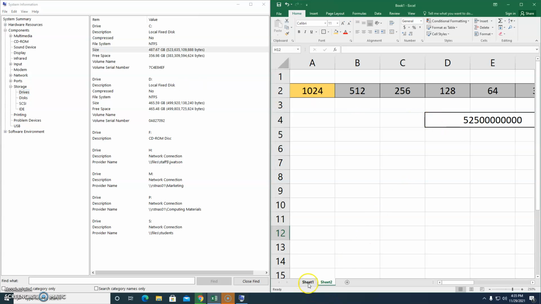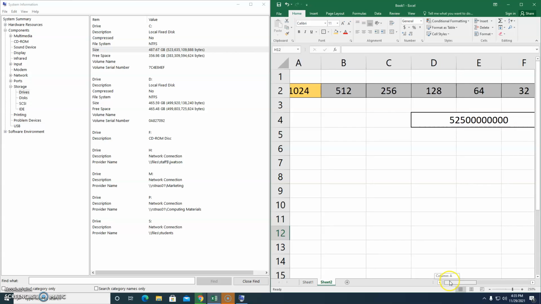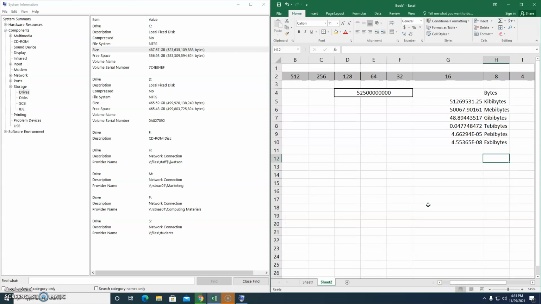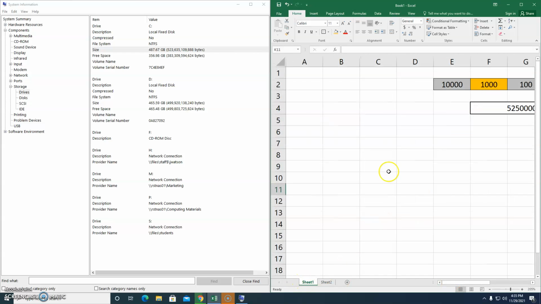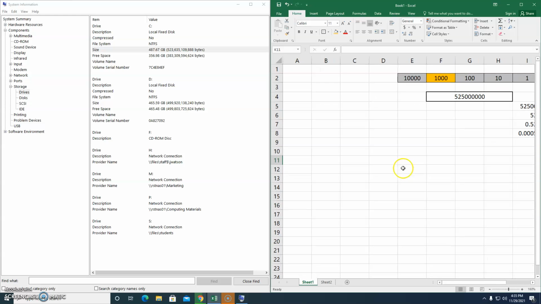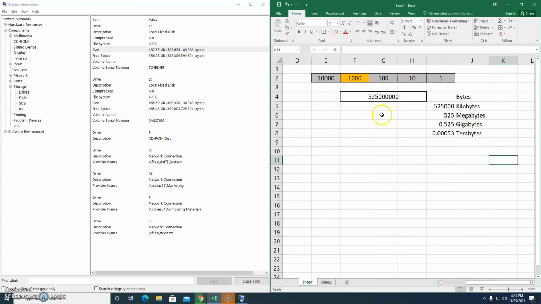Okay, let's go back to kilobytes and let's go back to the decimal system that we were using before. I'm just going to take this number here and put in the size of my C drive on my computer, which is 523,635,109,888 bytes.